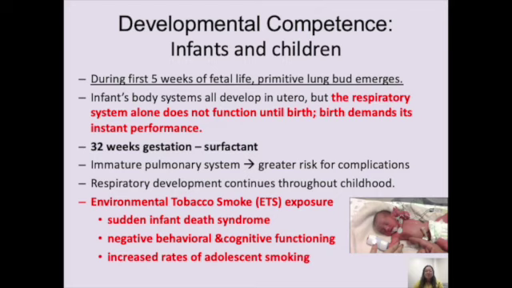It can also increase the risk for behavioral and cognitive delays, and there are studies that connect environmental tobacco smoke exposure at a young age with an increased rate of adolescent smoking. So all very important things to note and consider.